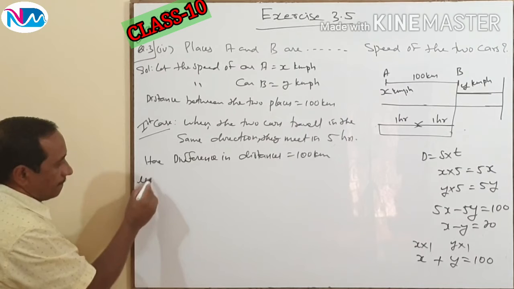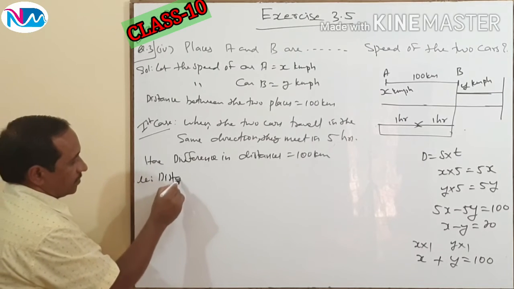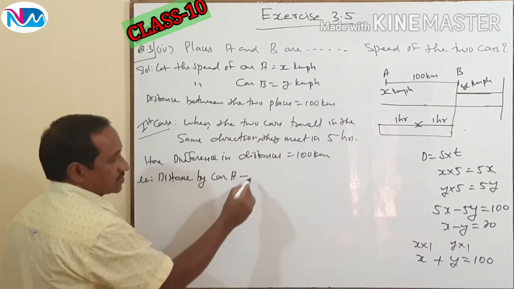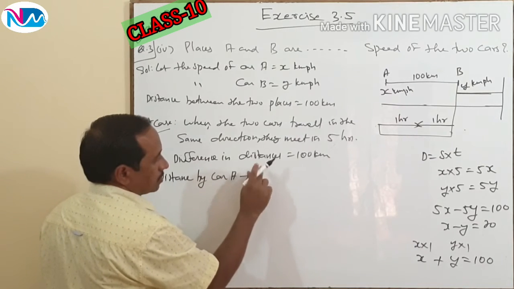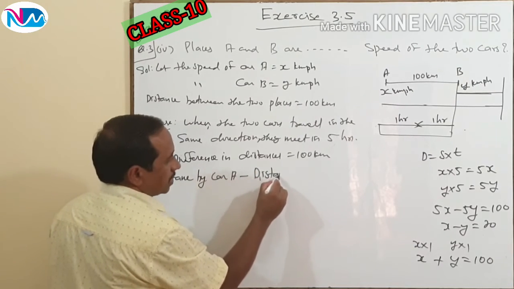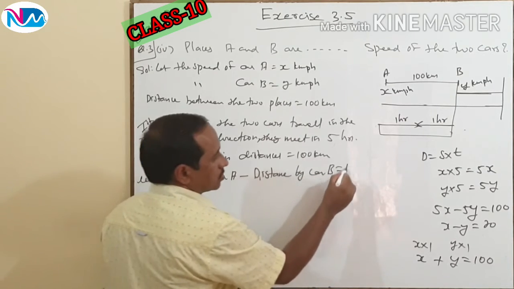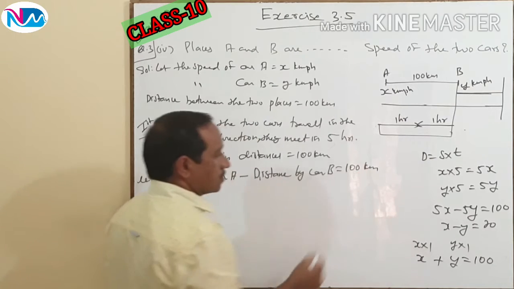That is, distance by car A minus distance by car B is equal to 100 kilometer.